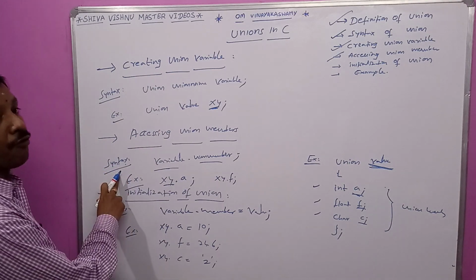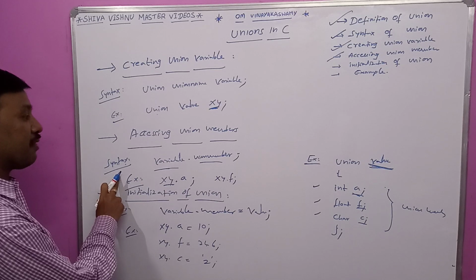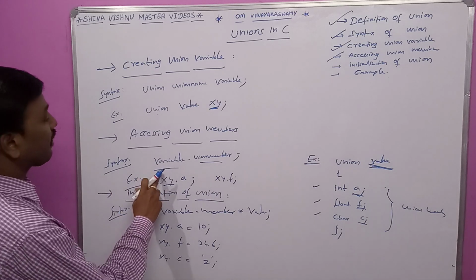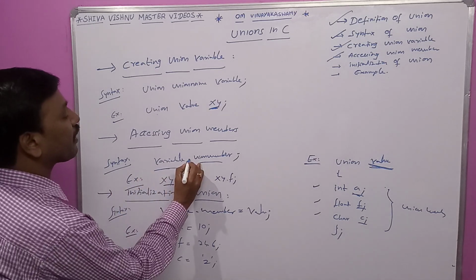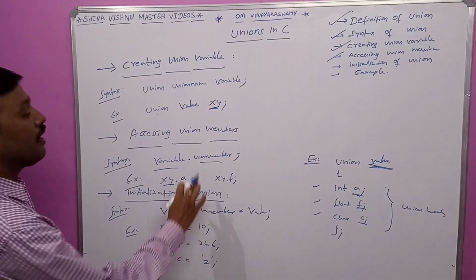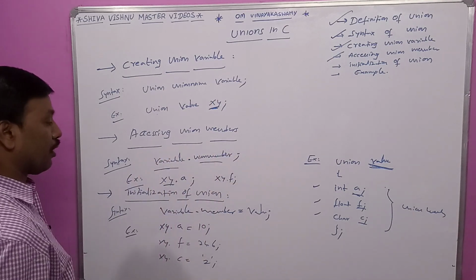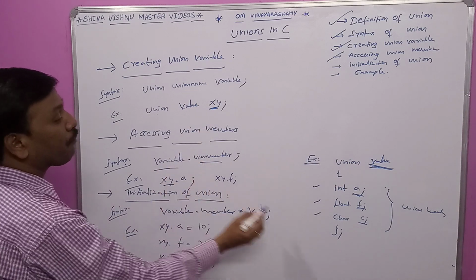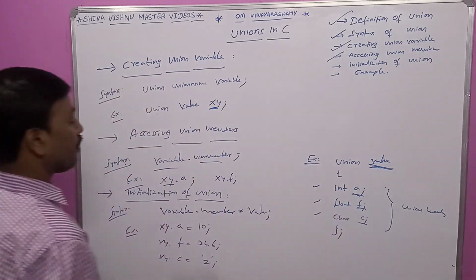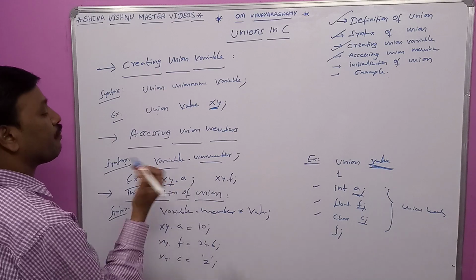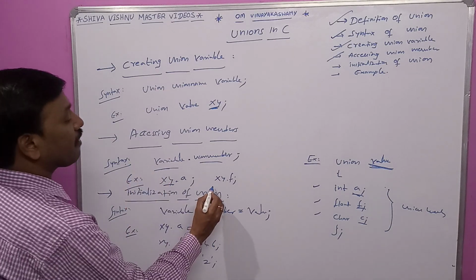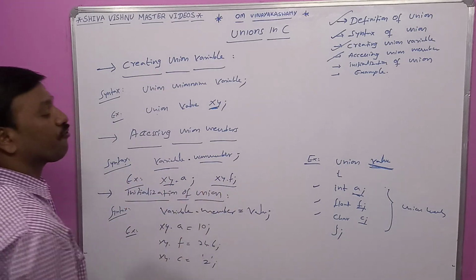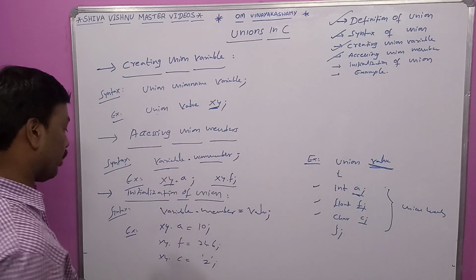Here also we have the syntax, and you follow it: variable, dot operator, union member, semicolon. Here xy is the variable, and this is another example: xy dot a semicolon, xy dot f semicolon.